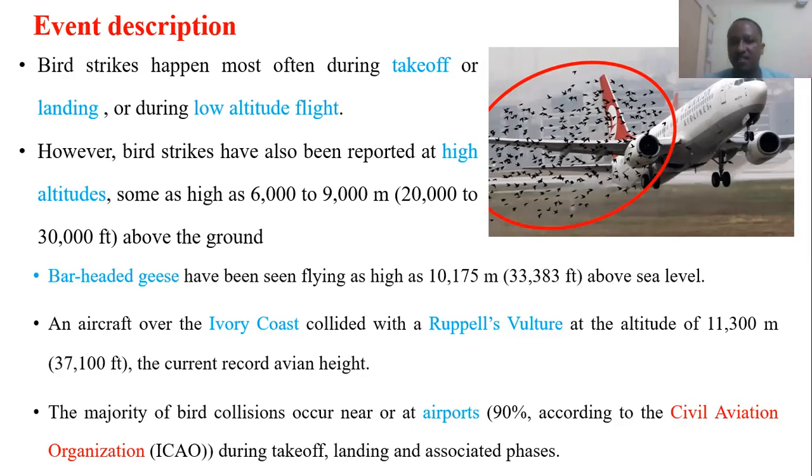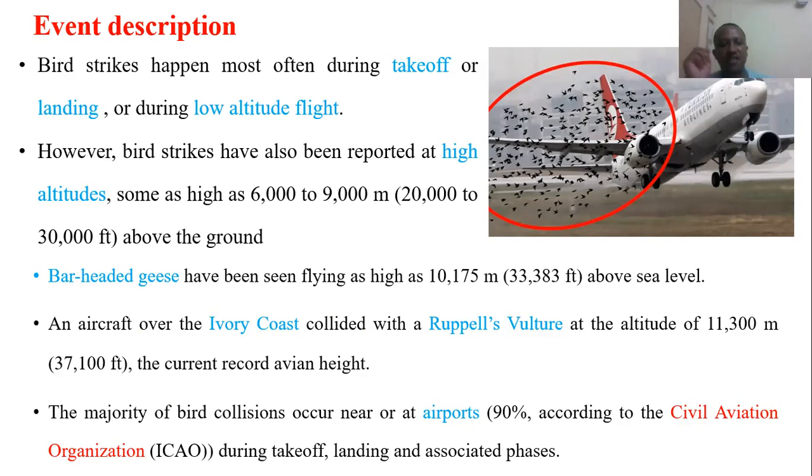Some were at 6 to 9,000 meters, which is 20,000 to 30,000 feet above the ground. A bar-headed goose has been seen flying as high as 10,175 meters, which is 33,383 feet, a very high altitude.